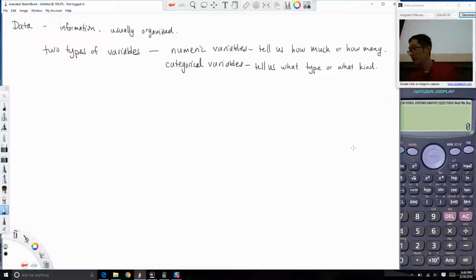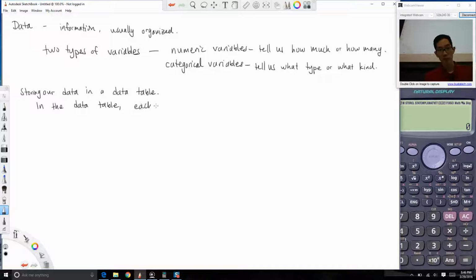Okay, and so you can think of storing our data in a data table. In the data table, each row is an observation.